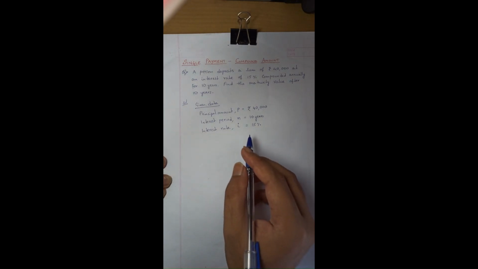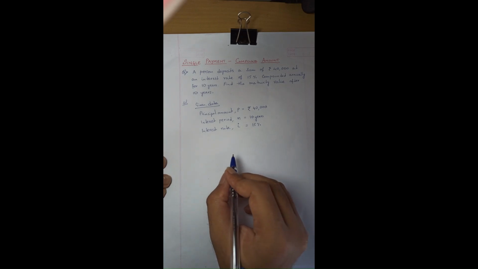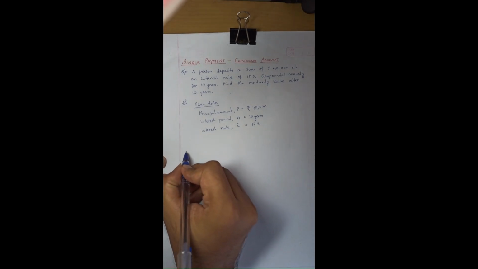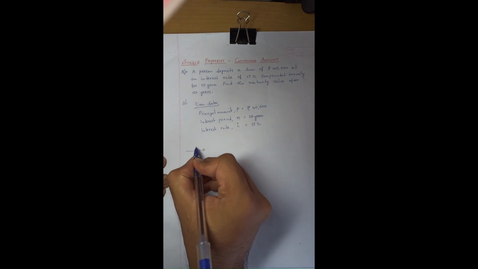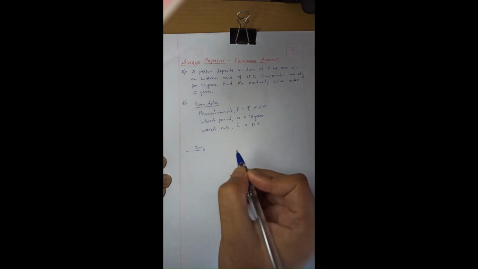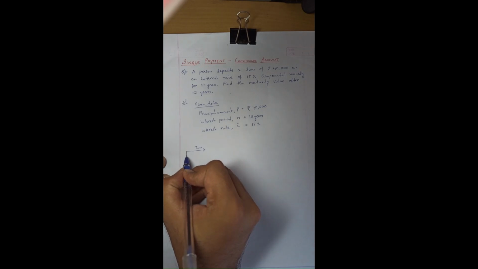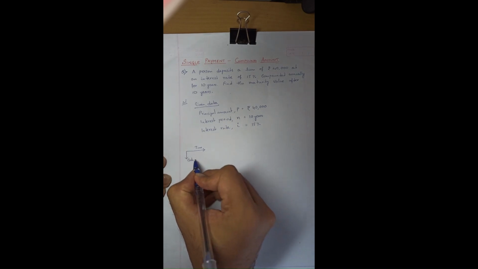So for this type of problem, we are supposed to draw a cash flow diagram. As you know, the cash flow diagram consists of a horizontal timeline, so this is the time. Then you have vertical arrows: if the arrow is vertically downwards, it is cash outflow.